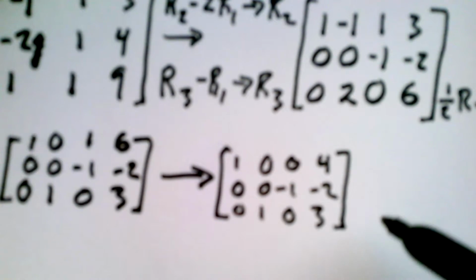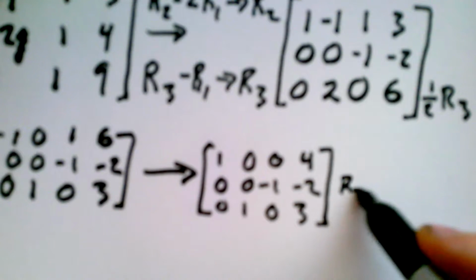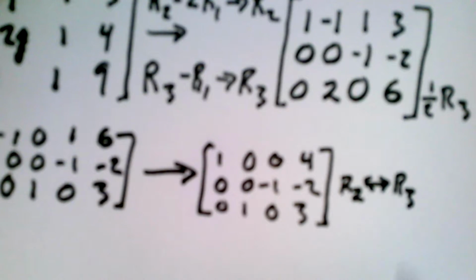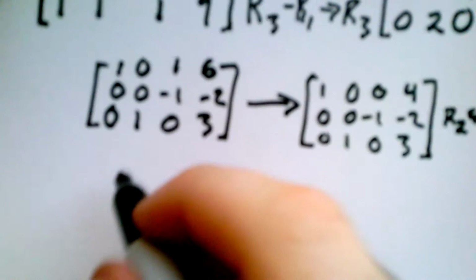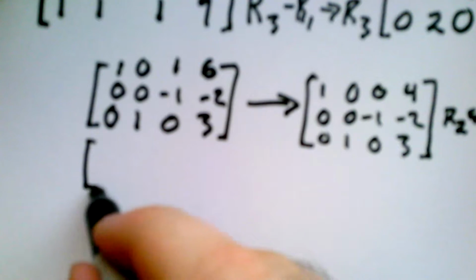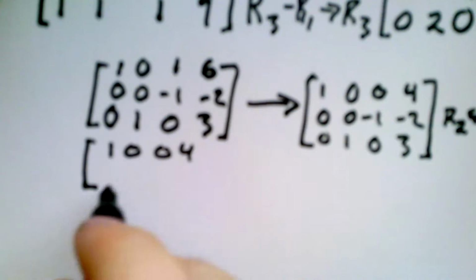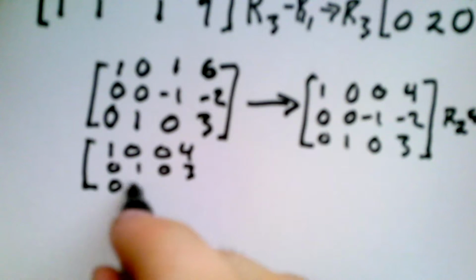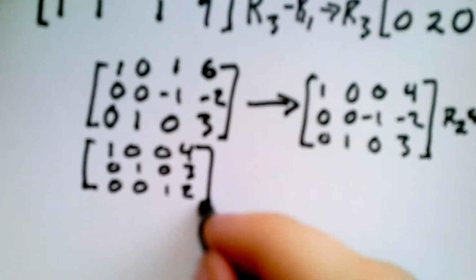I have this, so I'm going to now swap the third and second row. This is my notation for that. I'm also going to multiply the second row by negative 1. So I get as my final matrix 1, 0, 0, 4, 0, 1, 0, 3, and 0, 0, 1, 2.